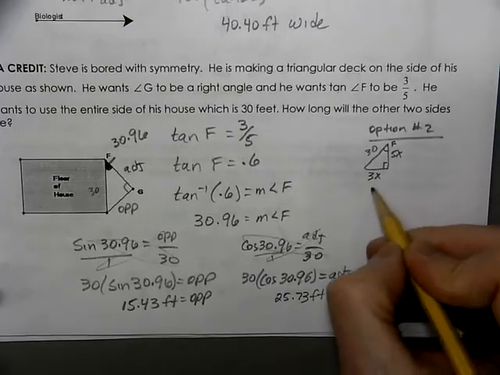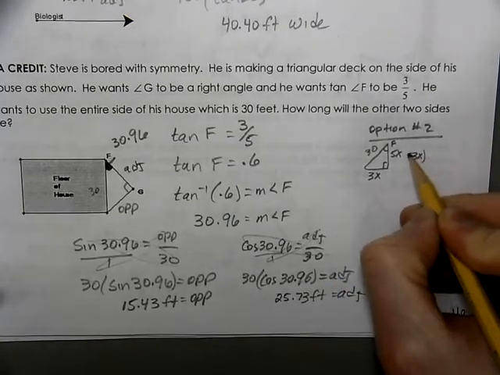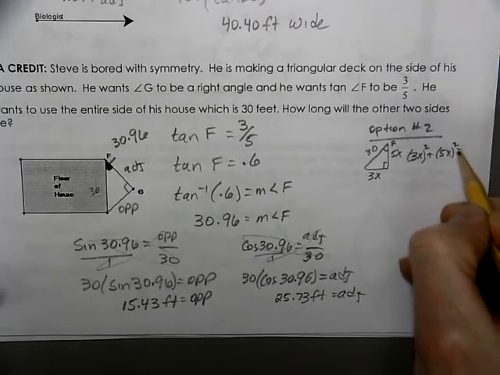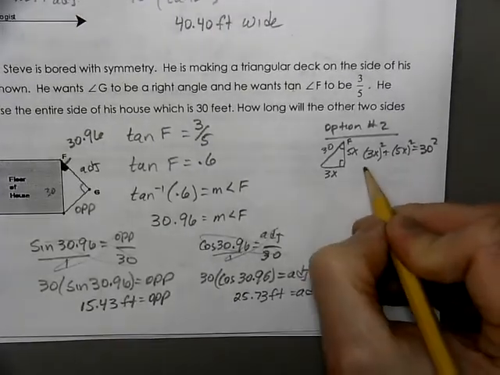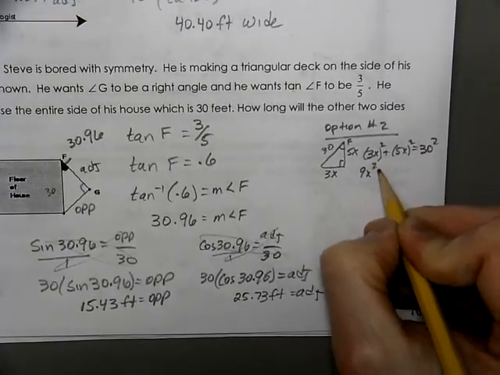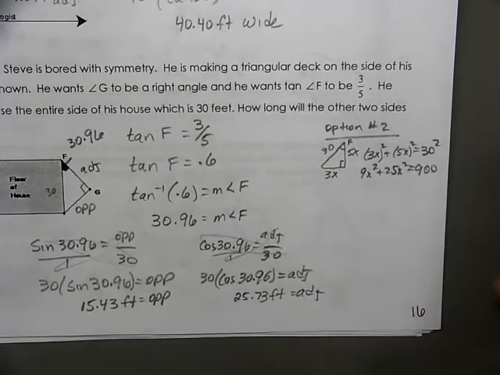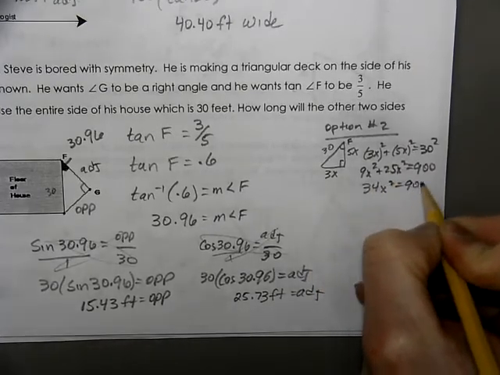So in this case, we could use the Pythagorean theorem, which is 3x squared plus 5x squared equals 30 squared. So that comes out to 9x squared plus 25x squared equals 900. So we have 34x squared.